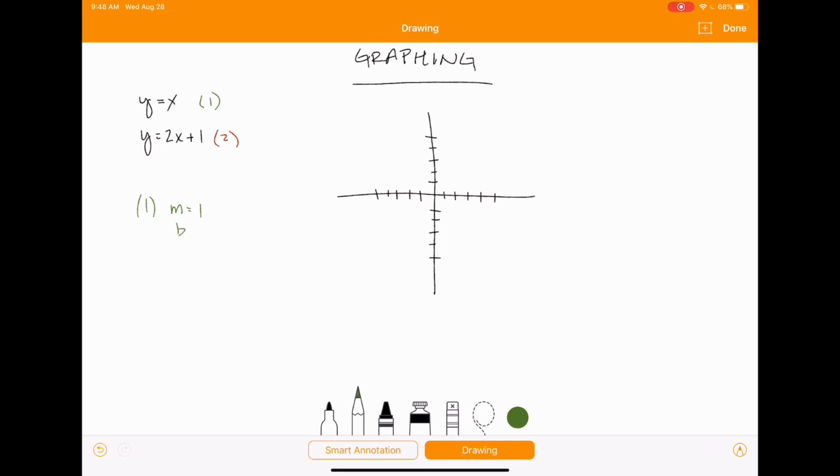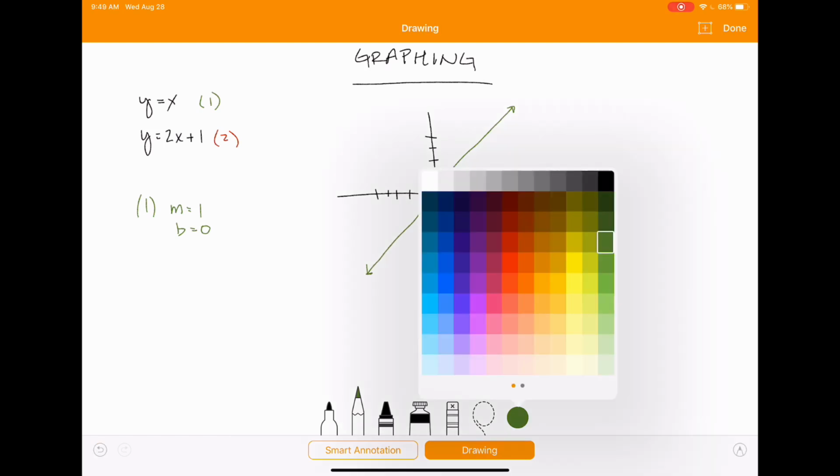Our y-intercept in this case is 0, because we don't have any additional terms. So we have a point at the origin, and then our slope is 1, so we go up 1 over 1, up 1 over 1, down 1 over 1, and so on. That's our line for the first equation.